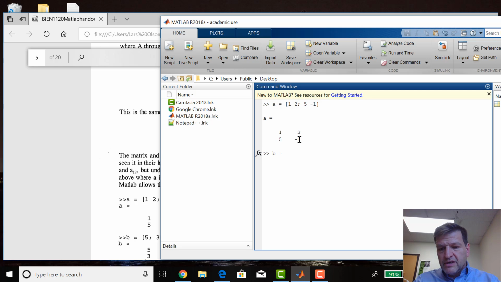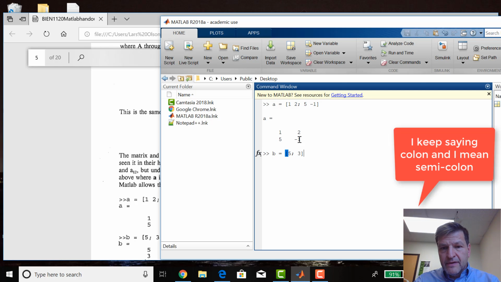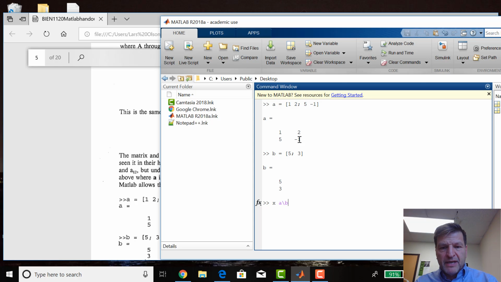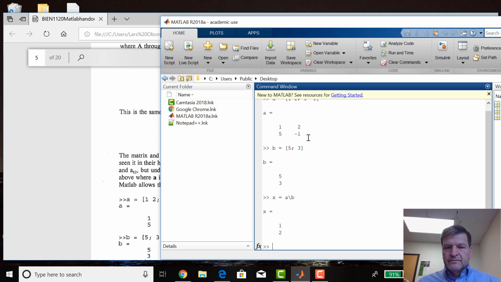B equals, square braces, 5; 3. Now to solve for x, it's really easy. A backslash B. Wow. That was quick and easy.